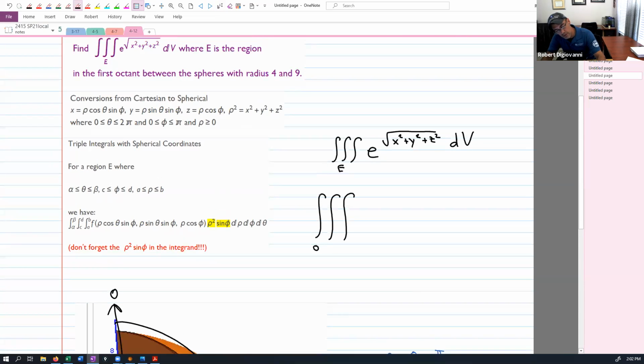We can go 0 to pi over 2, 0 to pi over 2, and 4 to 9. And that should be d theta, d phi, and d rho.